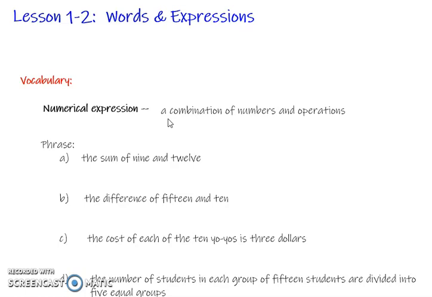The operations could be adding and subtracting or multiplying or dividing. Do you know that multiplying can also be expressed with a dot? How about division can be expressed by a backslash?